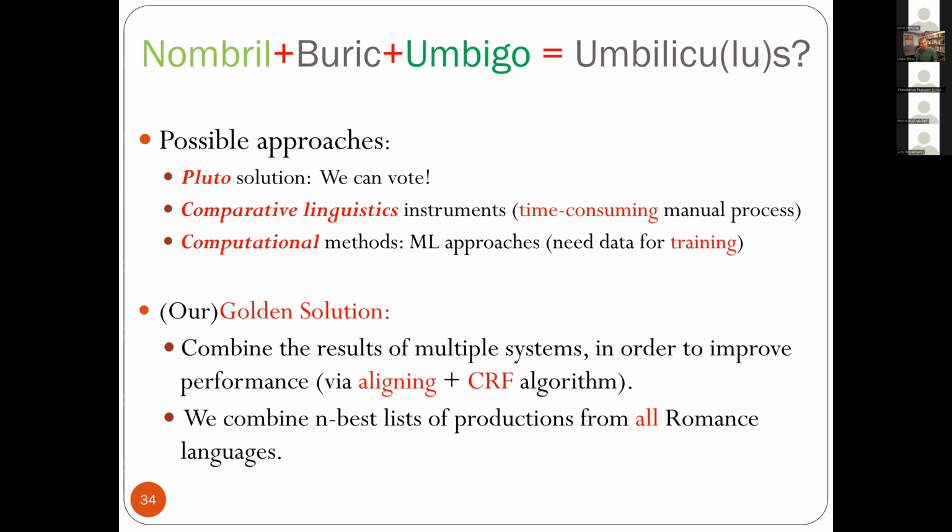So if we apply one algorithm, using an alignment method and then a CRF algorithm, on French, on Romanian, on Spanish, on Portuguese, each one alone, we obtain good results, but actually we weren't state of the art.